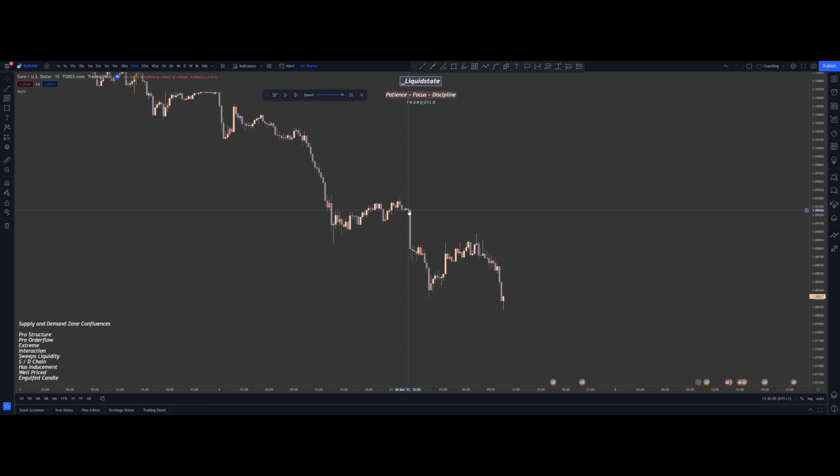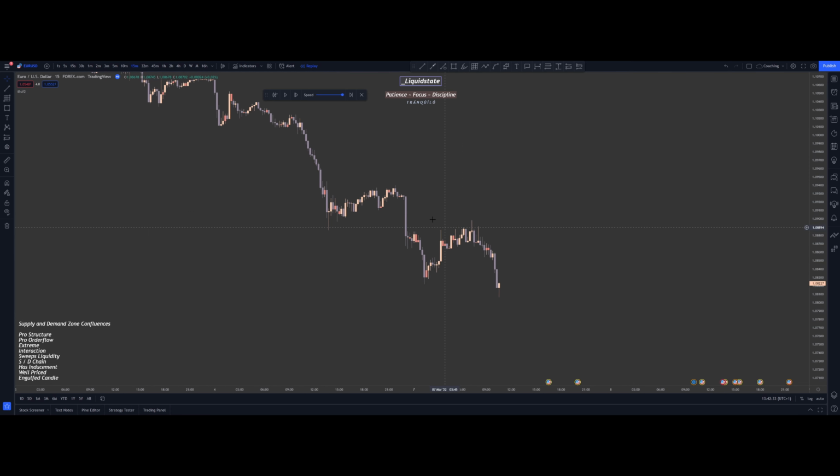This one's just to start off simple and get a basic idea of what you want to look for in supply and demand zones, and I'll continue updating it with lower time frame stuff, building up an overall holistic approach as we go through multiple videos. So for this first one, I just want to explain the basics of what you should look for in a POI or a supply and demand zone.